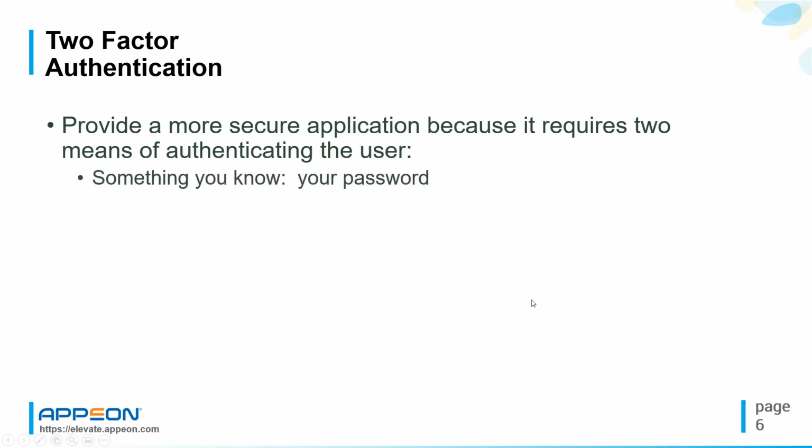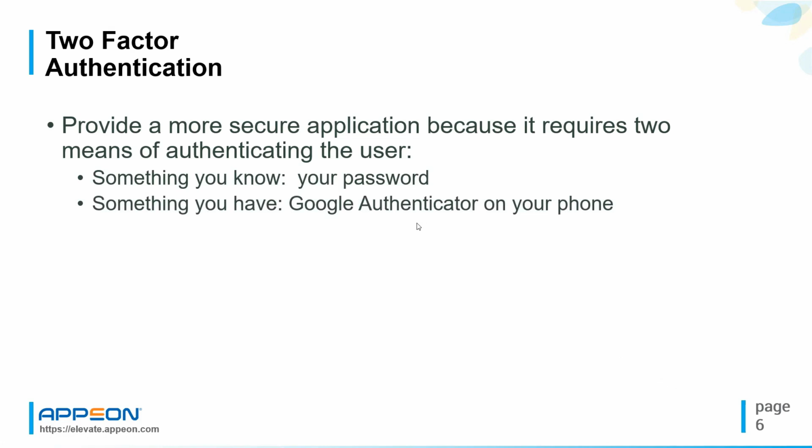So you could still use a password. This would be something you know, but then the second factor is something you have. So in the specific case, let's say you could have Google Authenticator on your phone. In order for somebody to access your account, they would need to have your password and they would need to have your phone, because Google Authenticator is going to generate a PIN code that you're going to enter into the application.